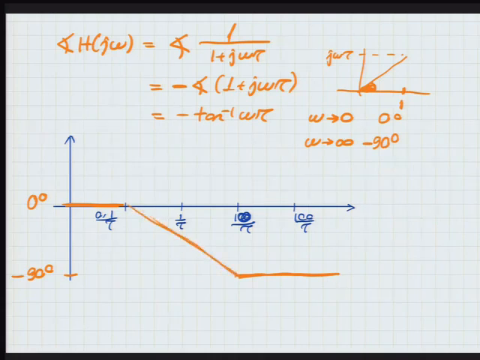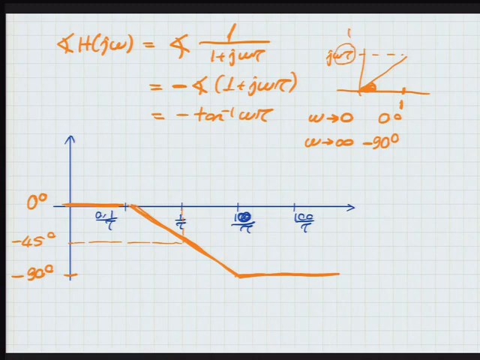So that straight line drops 45 degrees at every decade. There are only 2 decades, so you end up dropping by 90 degrees. And because it's a straight line, the value at 1 over tau is actually exactly negative 45 degrees. Now, what is the exact value of the phase when ωτ is actually equal to 1?